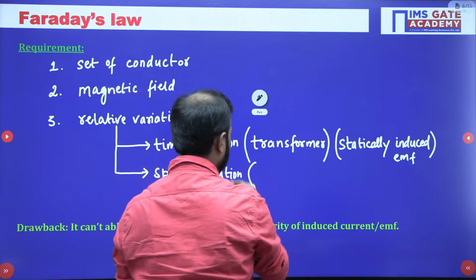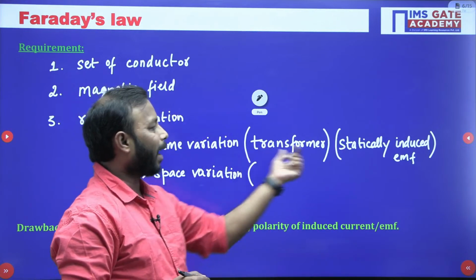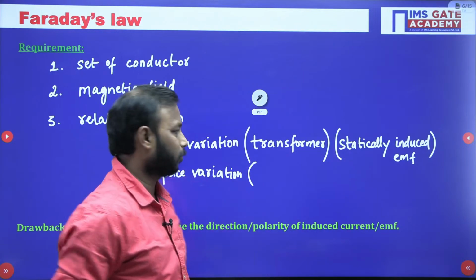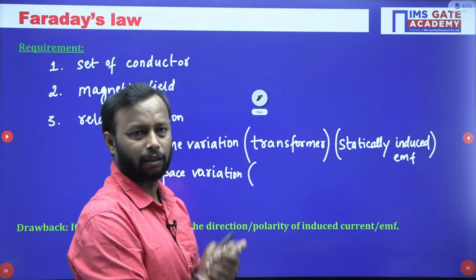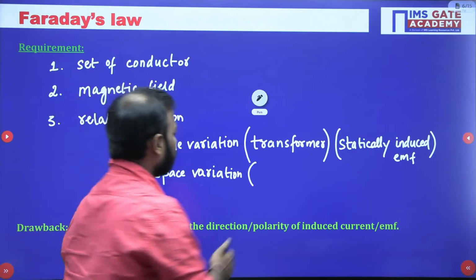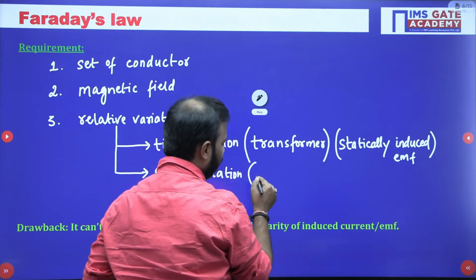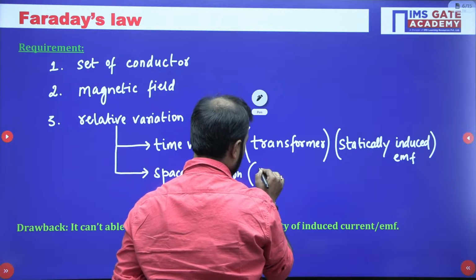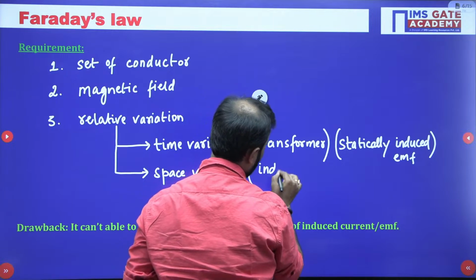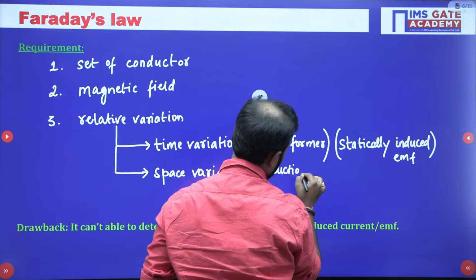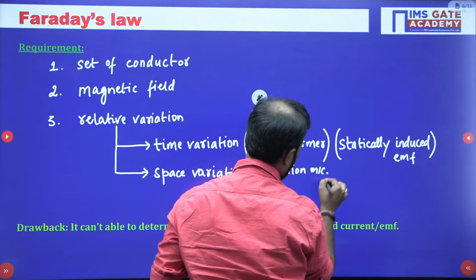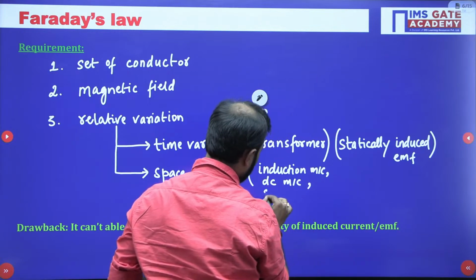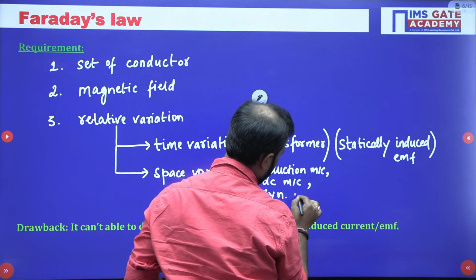Therefore, such kind of EMF is known as dynamically induced EMF or motional EMF or rotational EMF, as some may call it. ठीक है, और ये कहाँ पे induce होगा? These are going to be induced in your induction machine, DC machine and synchronous machine.